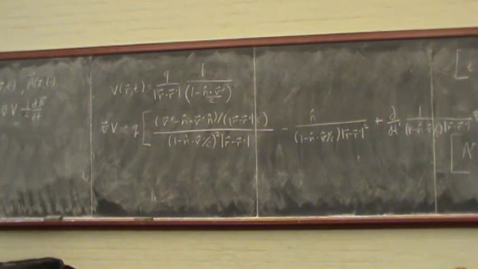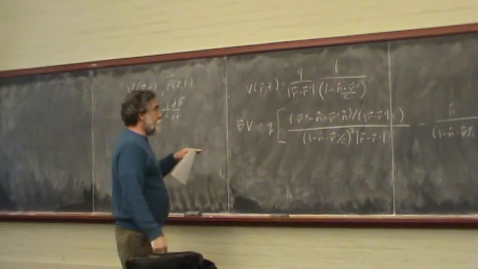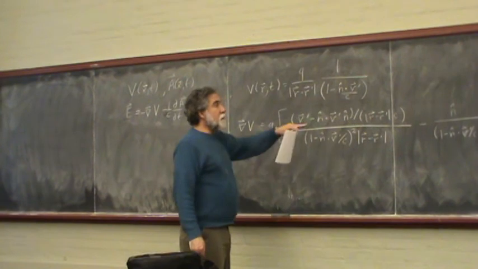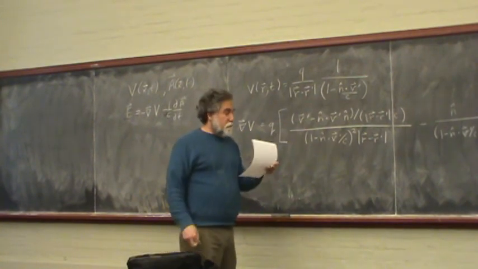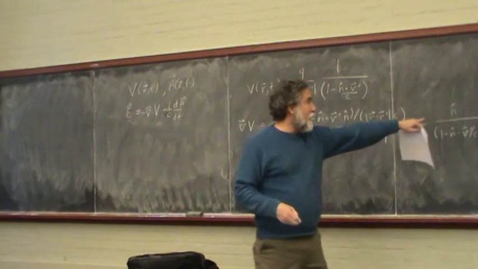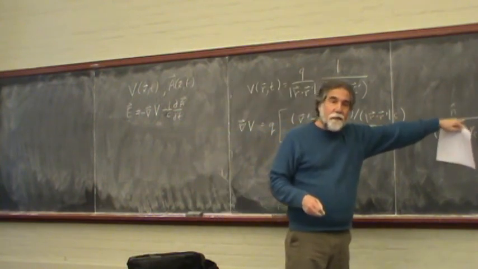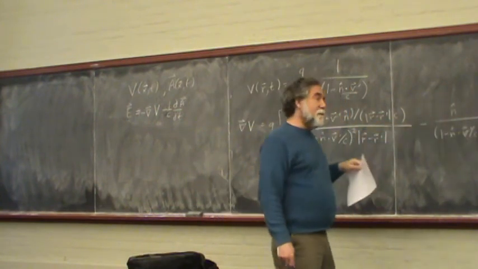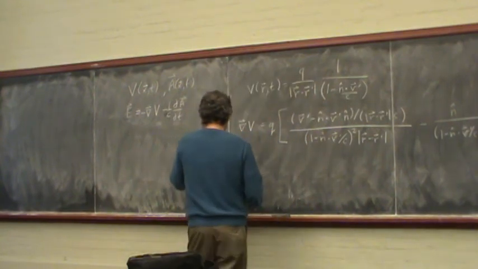And then I'm going to have an A term that comes from the motion of the charge. And so there are going to be several terms here. And I just wrote that out to show you how many terms there are, and that we actually have to take more derivatives in order to get the full expression.